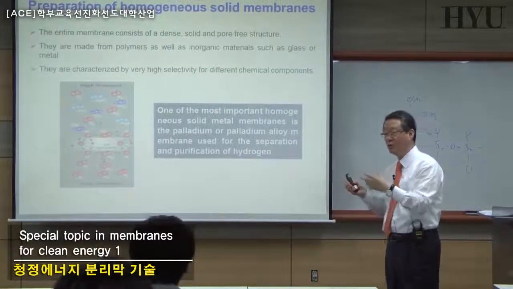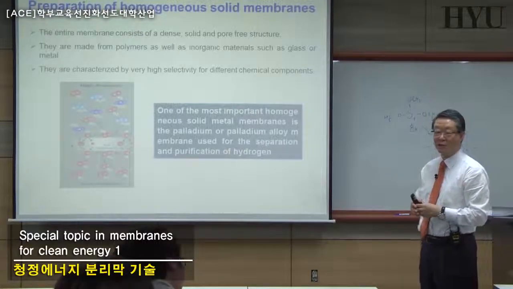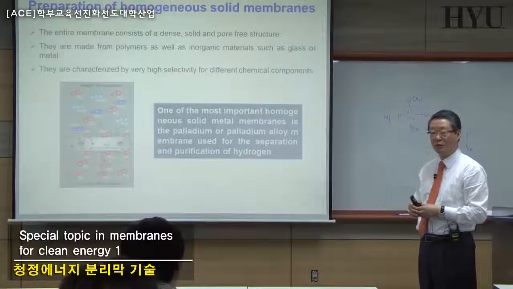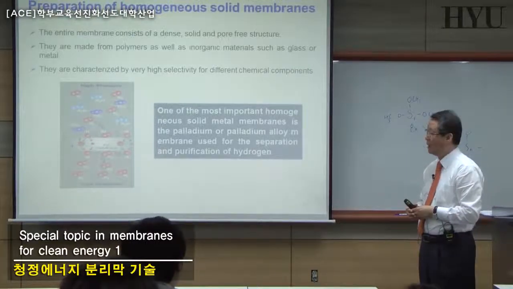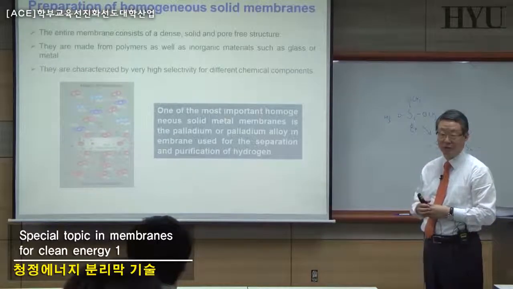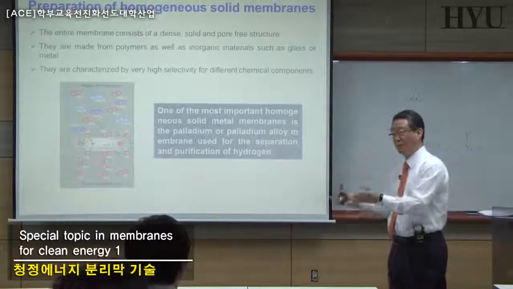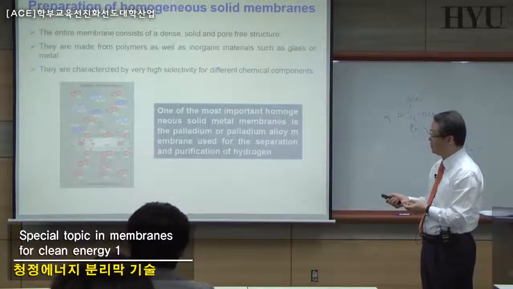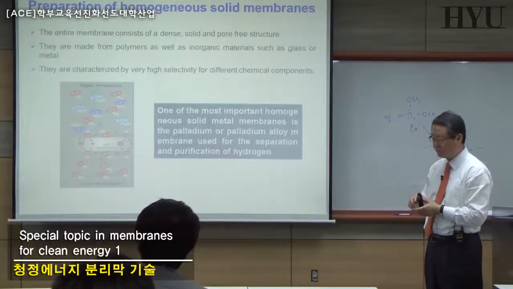The pressure would be several tens of atmospheres, from 20 to 50 bar, and temperature ranging from 200 to about 800 degrees C. So it's a very high temperature and very high pressure. You can produce the hydrogen and CO2.